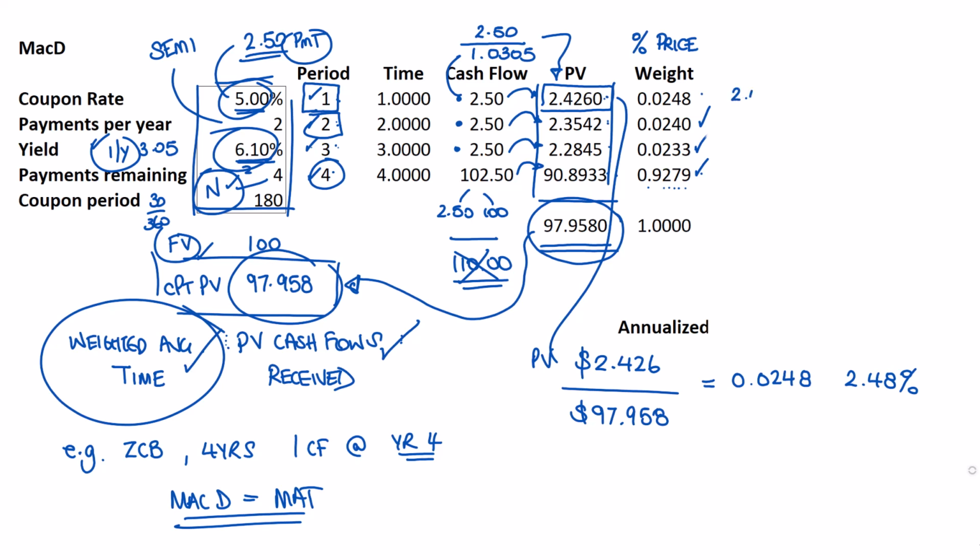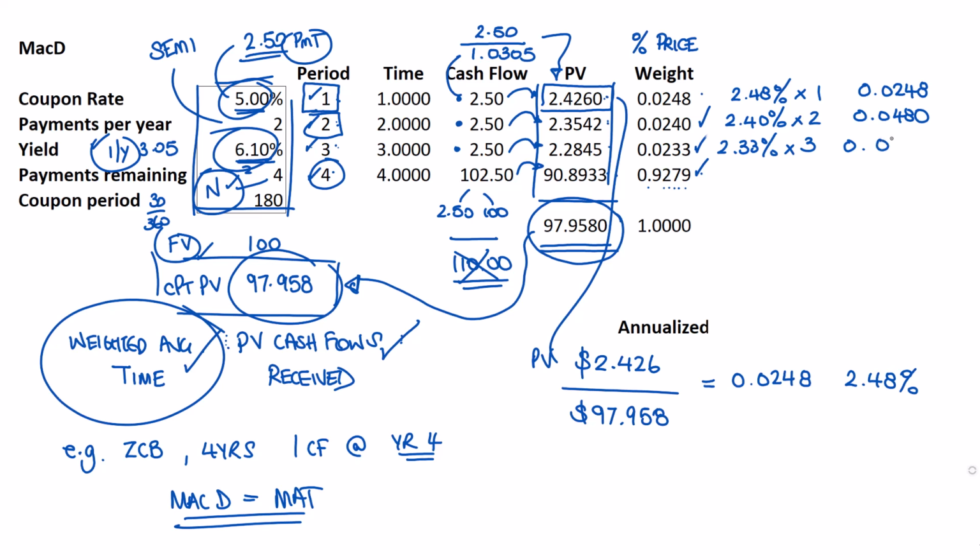I know that 2.48% of my cash flows came in at period 1. To get a weighted average time, I'll just multiply it by period 1. That gives me 0.0248. I know that 2.40% came in at period 2. That will give me 0.048. I know that 2.33% came in at period 3.